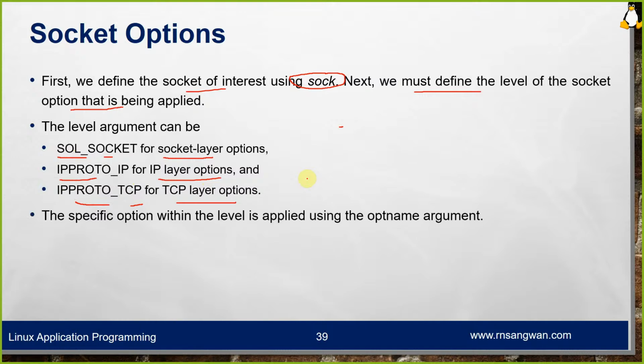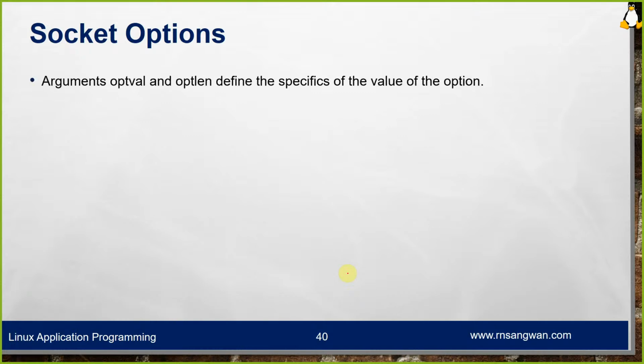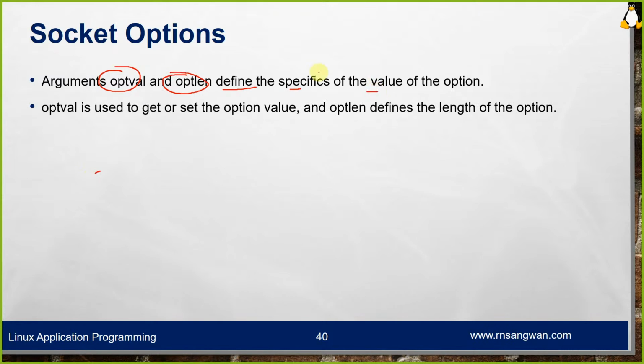The specific option within the level is applied using the optname argument. The optval and optlen define the specifics of the value of the option. optval is used to get or set the option.